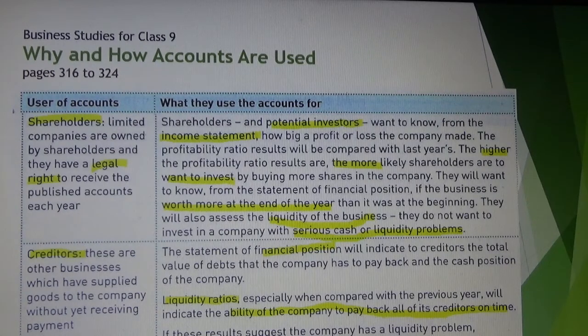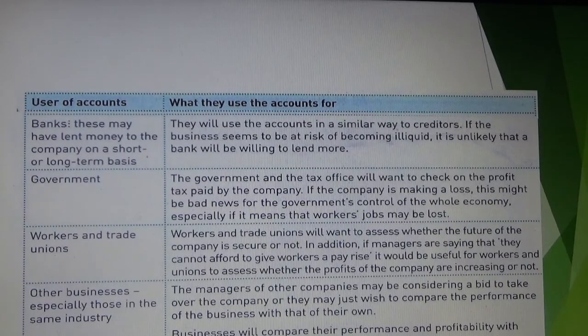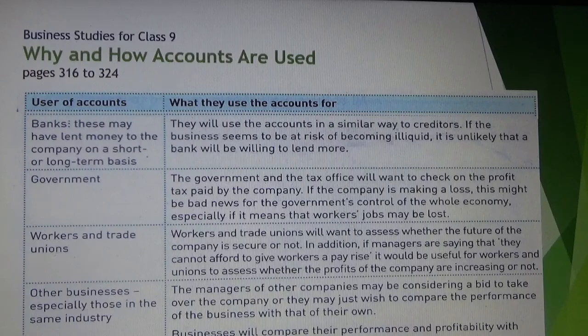They will be anxious. They will be hesitant to lend money, supply, or resources to the company. Okay, the next group are the banks. Why are they interested? These may have lent money to the company on a short-term basis or on a long-term basis.